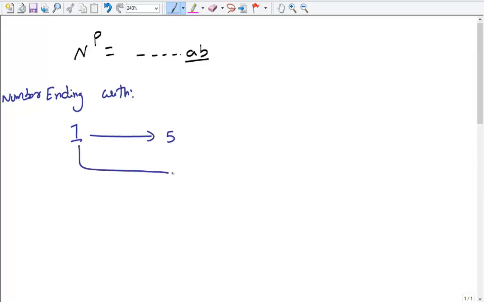And by using this, we can find the numbers ending with 3, 7, 9, that is the remaining odd numbers. And for the even numbers 2, 4, 8, we have a method, and by using these two we can solve a number ending with 6. So provisionally there are two methods, that is numbers ending with 1 and numbers ending with 2, 4 or 8. That's it. Let's first find out a number ending with 1.